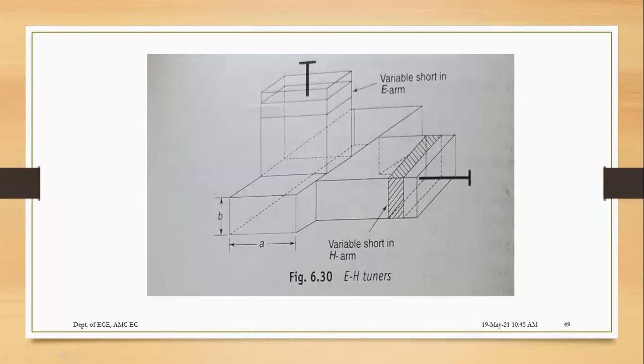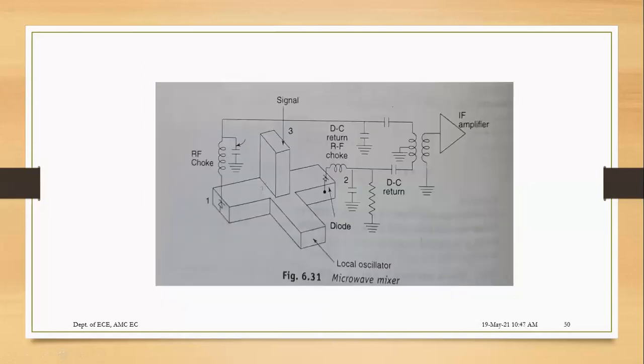And the next one, one more figure you need to study, is the microwave mixer. So when you talk about a microwave mixer, it will be using a local oscillator. So using that local oscillator, a radio frequency choke is also used for the mixer.